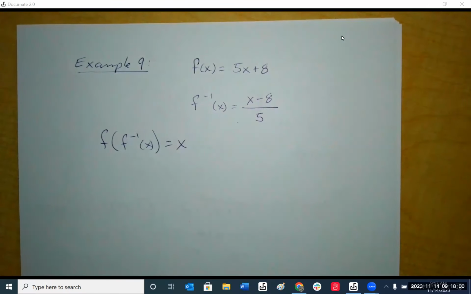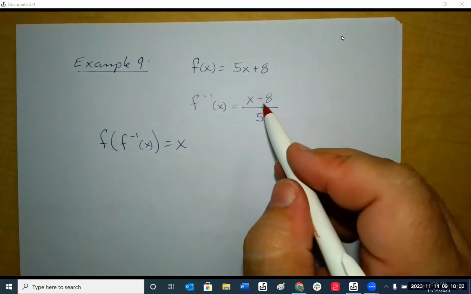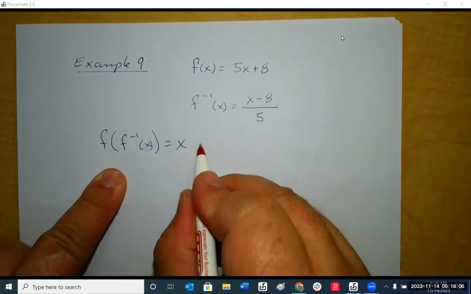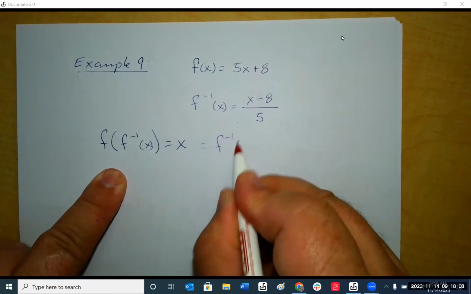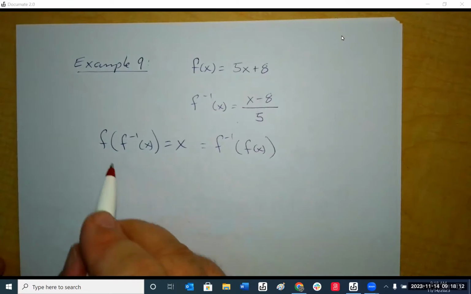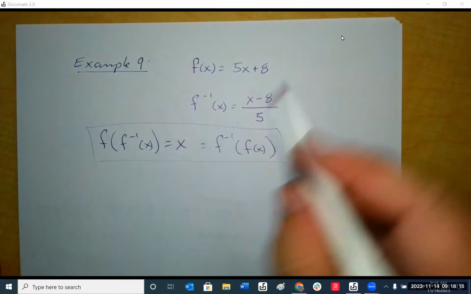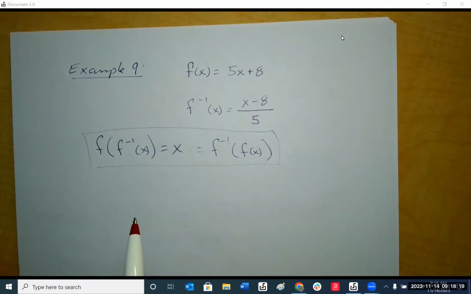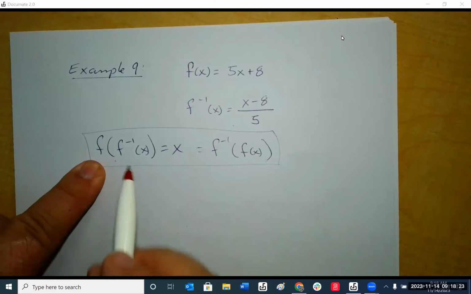Remember that rule? If they're inverses, then their composite functions will equal x. Likewise, if we take the f inverse of f. This is the only test that you can have: if you have a function, find the inverse, and then do a composite function of both of them. Let's do this one.